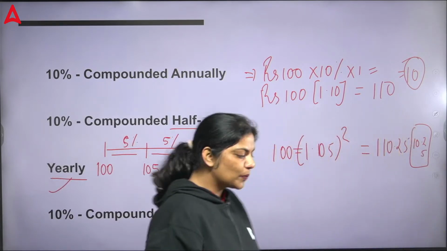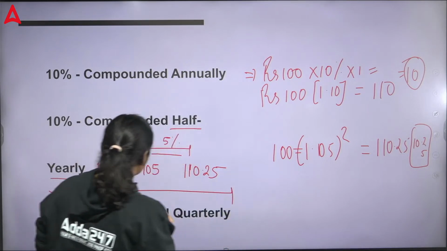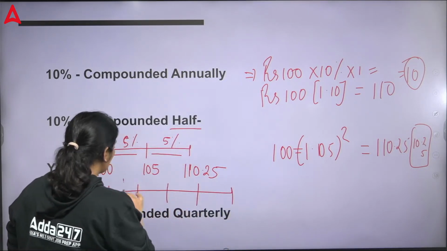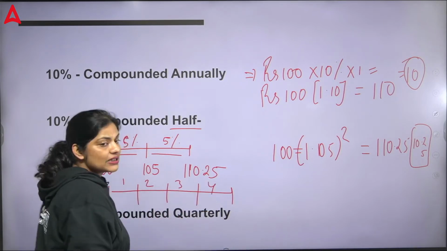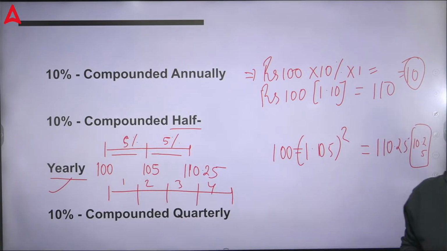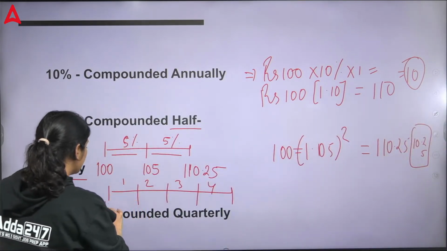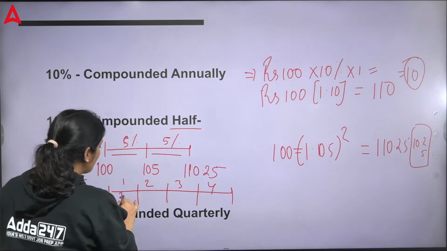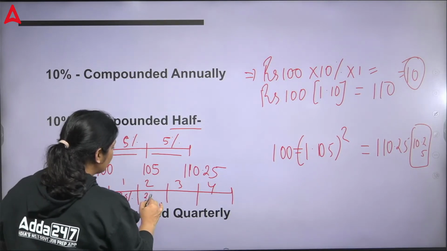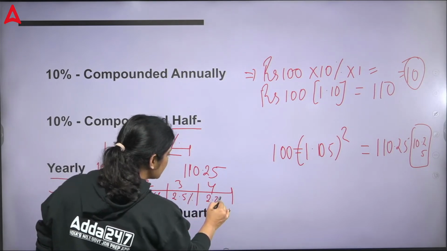In a similar situation, if the interest is credited quarterly, what do you mean by quarterly? 1, 2, 3, 4. In a year, you will be provided interest 4 times, correct? So when you invest rupees 100, you will be credited 2.5% rate of interest over here, 2.5% over here, 2.5% over here and 2.5% over here.